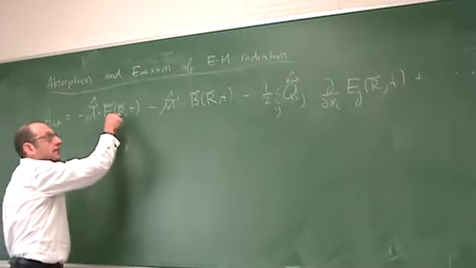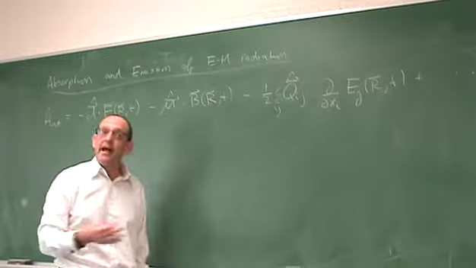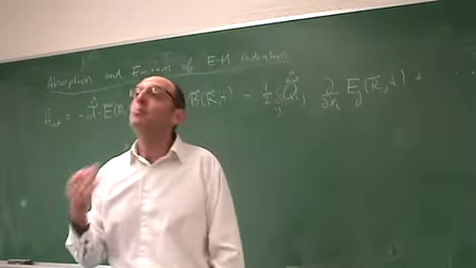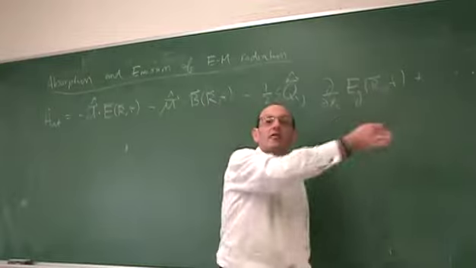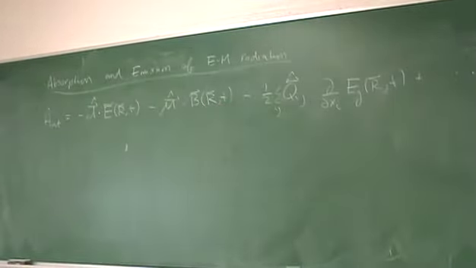That's what this is. And then we have an interaction of the magnetic dipole moment of the atom with the magnetic field, the quadrupole moment of the atom with something that has to do with the local gradients of the electric field at the position of the atom, etc. Okay?